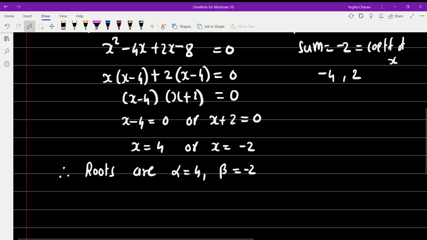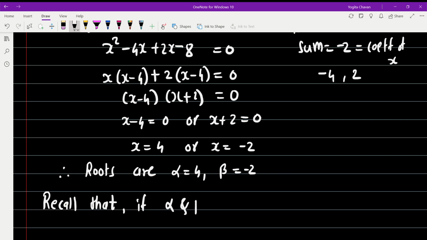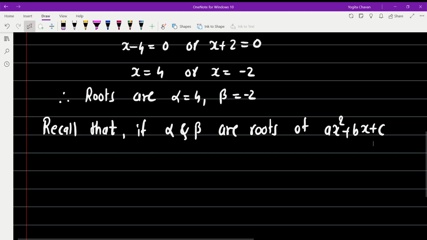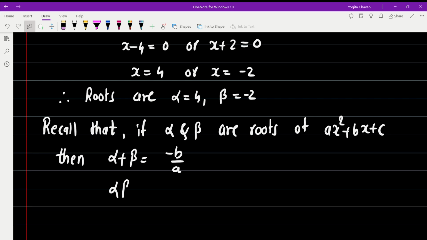Now we find their relationship with the coefficient. Now recall that if alpha and beta are roots of ax square plus bx plus c, then sum of the roots alpha plus beta is equal to minus b divided by a, and product of the roots alpha into beta is equal to c by a.